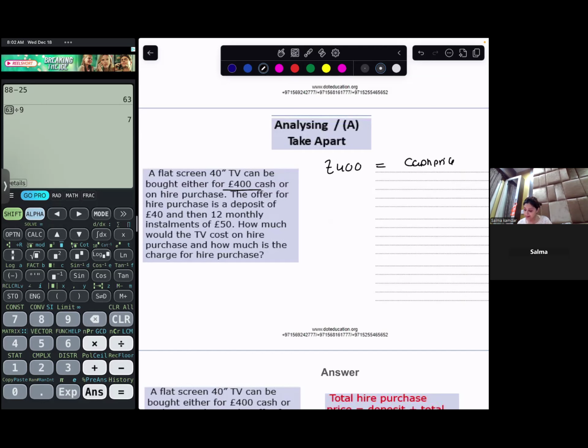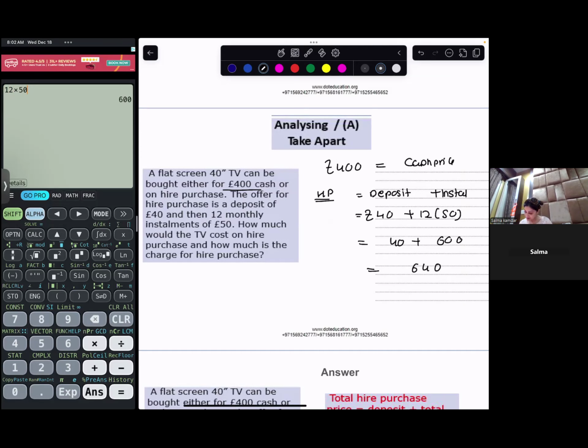The offer for hire purchase is a deposit plus installments: the deposit is £40 and 12 monthly installments of £50. So the installments would be 600 and the deposit is 40. Hire purchase price is 640.